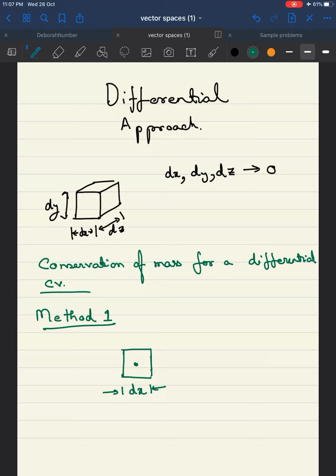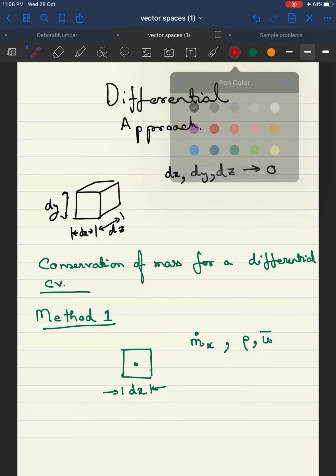So let's say the mass flux at the center is m dot x. Let us say that rho, u, etc. are given. So the density at the center is rho, the velocity at the center is u bar, and m dot x is the flux through the center. What are the fluxes in my particular problem?